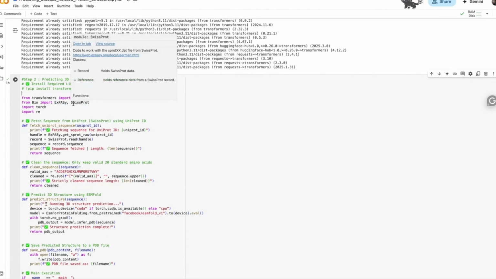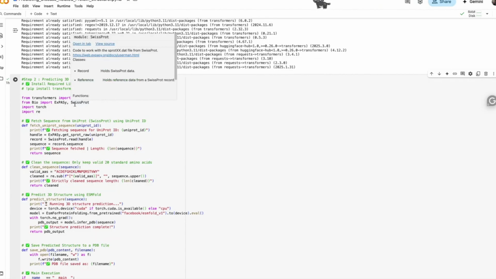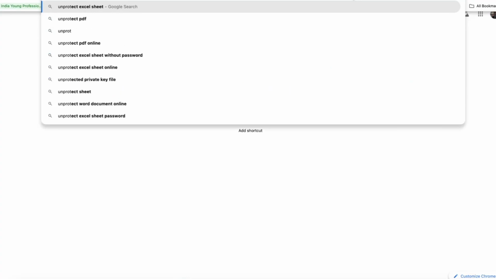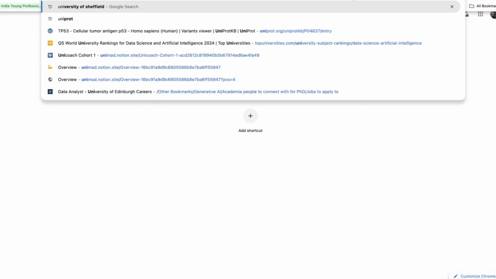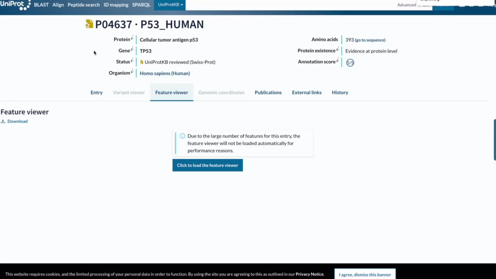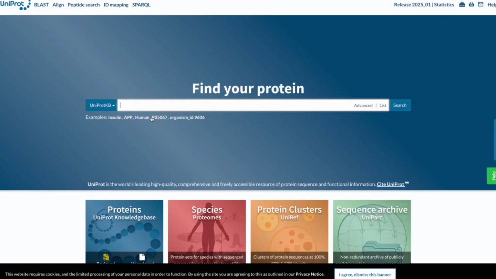The reason I'm installing SwissProt and UniProt is that SwissProt contains all of the database information present in this repository called UniProt, which looks like this. I just looked it up. UniProt's official website looks like this, where you can type in the accession ID number of a protein and search through that protein sequence.